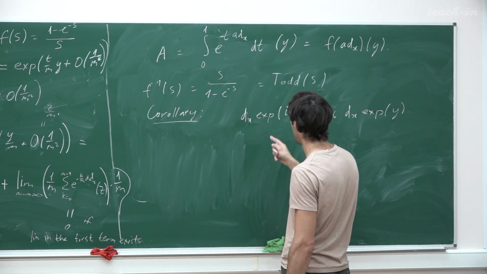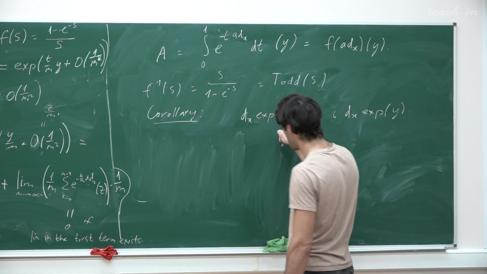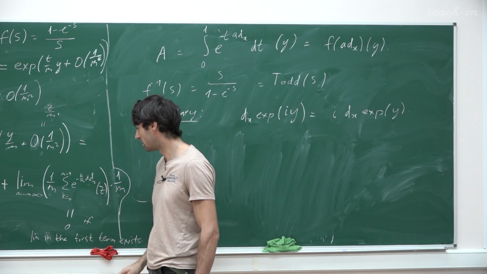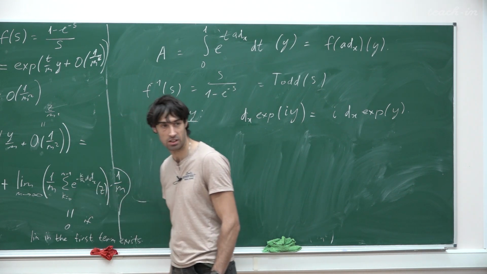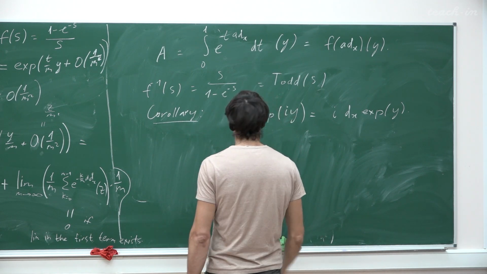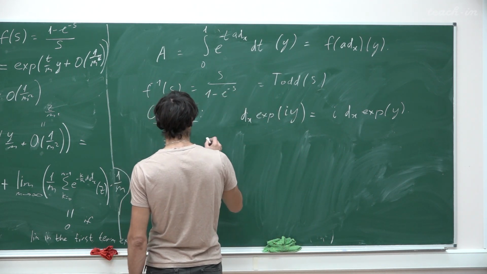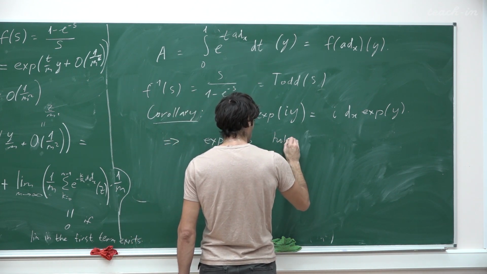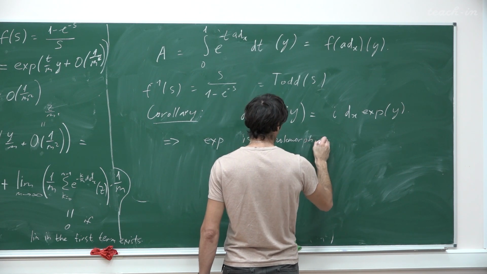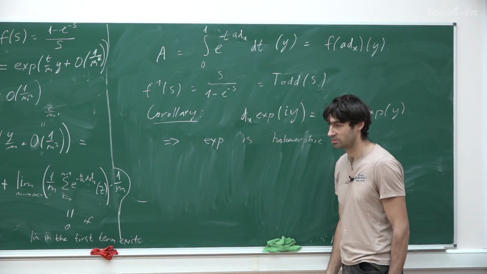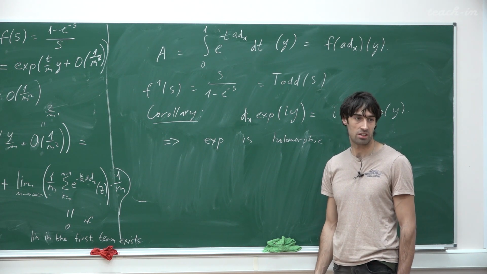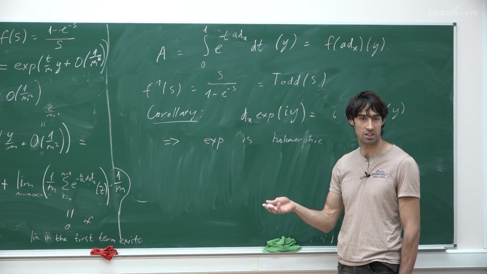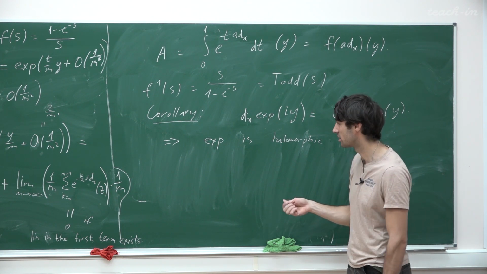So therefore, the differential of the exponential becomes a C-linear map, and so therefore exp is holomorphic. In particular, you can generalize the three fundamental theorems to complex Lie groups.